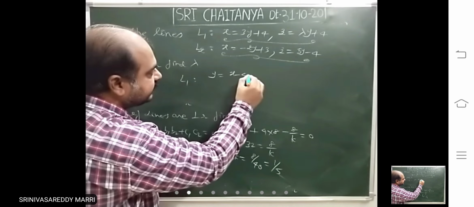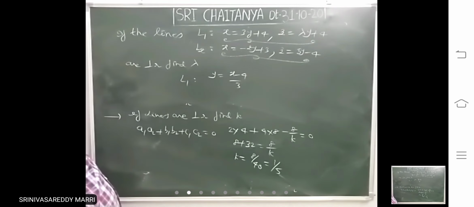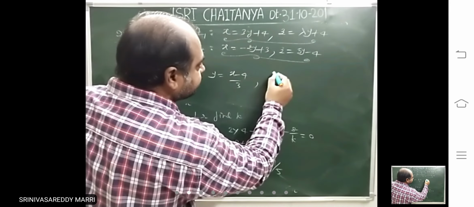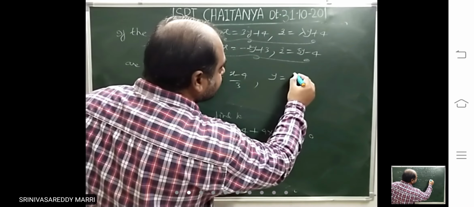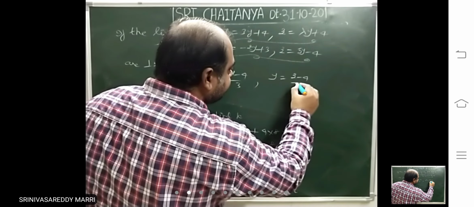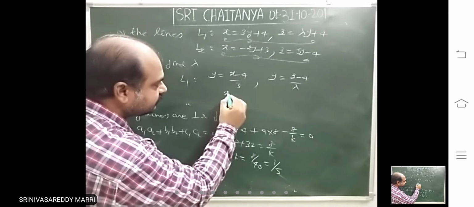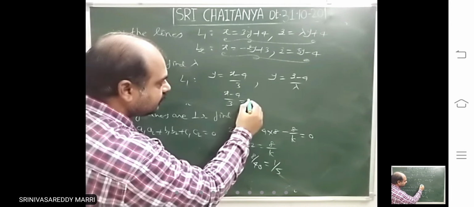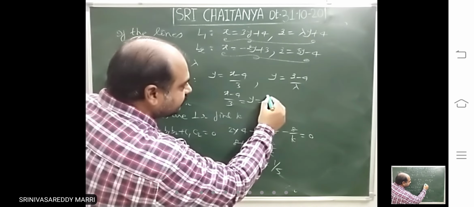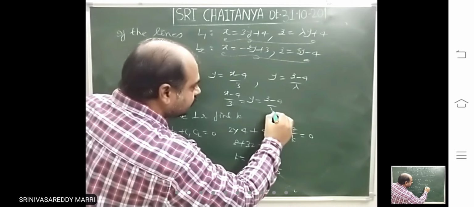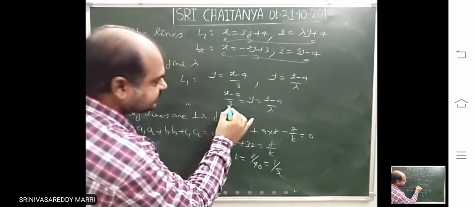Common variable we will calculate from the first equation: y is x minus 4 divided by 3. From the second equation, the common variable is z minus 4 divided by lambda. Equate these two, equal to y. This is the standard form.